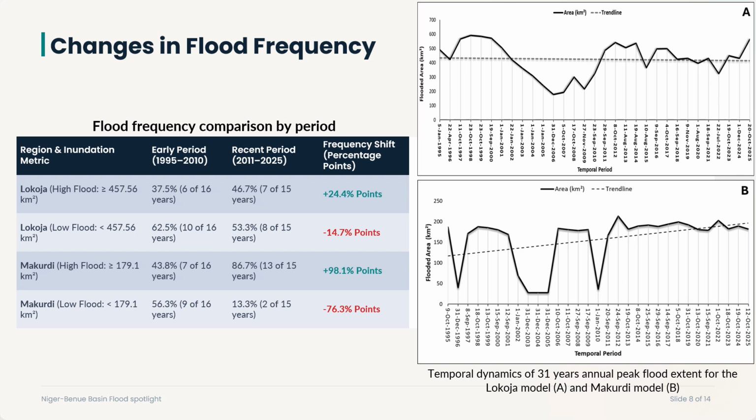This indicates that the low flood years common in the late 1990s and the mid 2000s have virtually disappeared, and the system has transitioned from a variable magnitude regime to one characterized by consistently high frequency, high magnitude flooding.